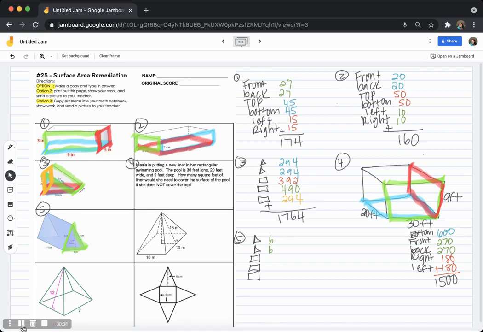Then the rectangles, this one would be 5 by 15, which is going to give us an area of 75. This one here is also 5 by 15, which gives us an area of 75. However, the bottom one is 4 by 15, so that would give you an area of 60, and you're going to add those up, and you should get 222.